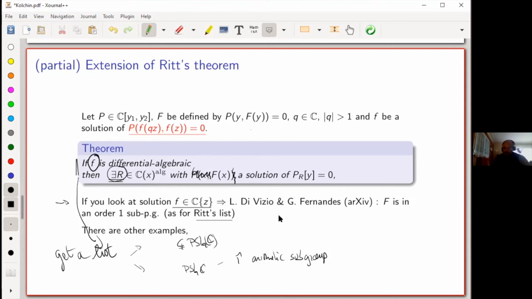But I don't know how to do that, because the condition I need on R is not easily translated into a condition on F. Even if I had a condition on R, it's not a nice theorem. If I pick up a solution which is differential algebraic, and moreover the Kummer equation that it satisfies, it becomes a theorem that is not beautiful.